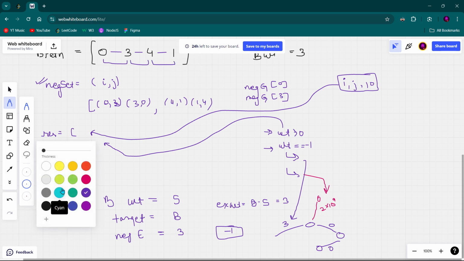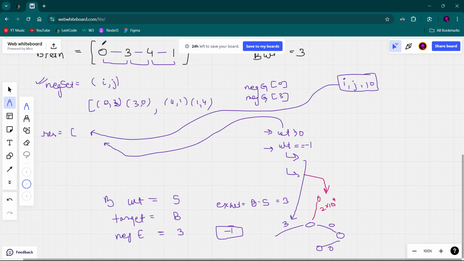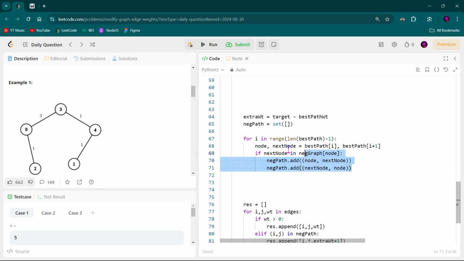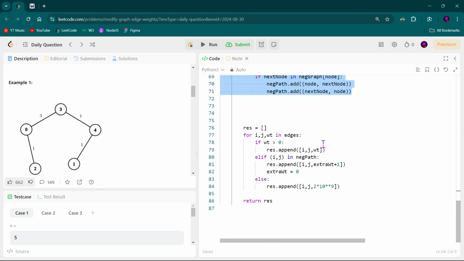So what I am going to do is take i and i plus 1. I'm taking this node as i and the next node as i plus 1. So if the next node is in the negative graph, then I'm going to add this as I want. Okay, this is my second condition. Understood?